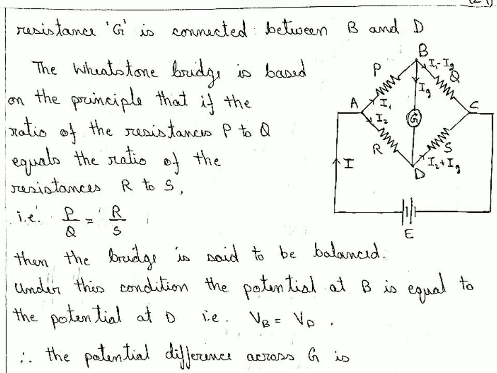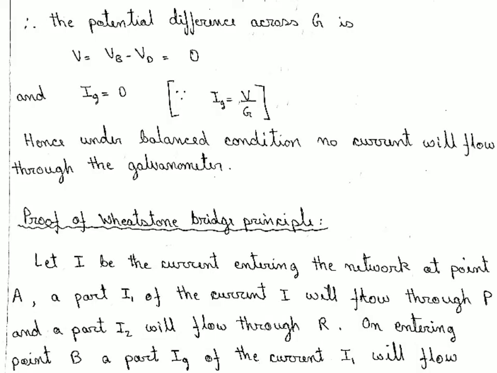And since the potential is equal, if we take the potential difference, VB minus VD, we will get it to be equal to 0. And since there is no potential difference, there will be no current flowing through the galvanometer. Hence, the current through the galvanometer, which is represented by IG, is equal to 0.